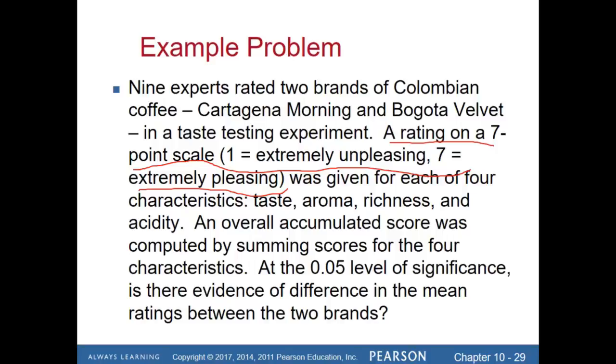But if we're going to do that, we have to rely on some assumptions that the people who are using this scale are interpreting it in a similar fashion. So that, for example, the difference between extremely unpleasing and whatever the next item is, maybe somewhat unpleasing, so the difference between 1 and 2, is going to be interpreted consistently across the experts who are making this rating. So there's a couple of ways that we could claim that.